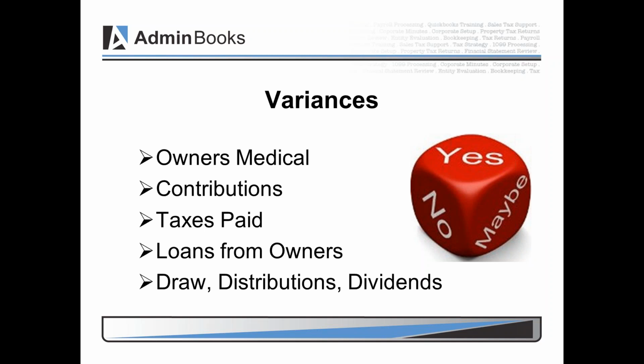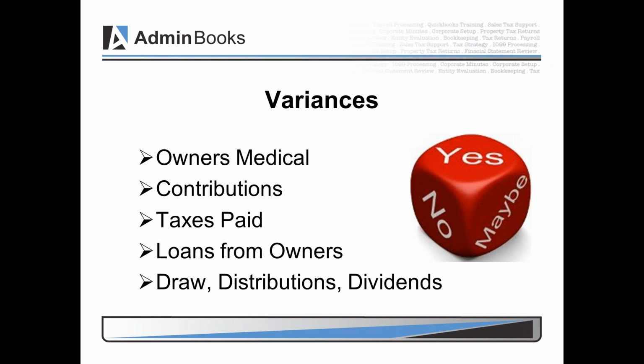So the first line item there says owner's medical. For owner's medical, if you are a sole proprietorship business, you are not going to list owner's medical above the line. So remember, the above the line is your income, your expenses, and then the net ordinary income number.